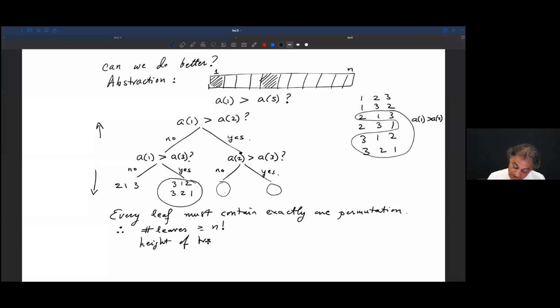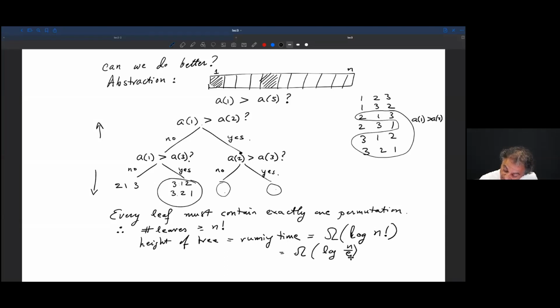The height of this tree, which is the running time in the worst case, is going to be log of n factorial. But what's n factorial? Well, log of n factorial is about n log n.